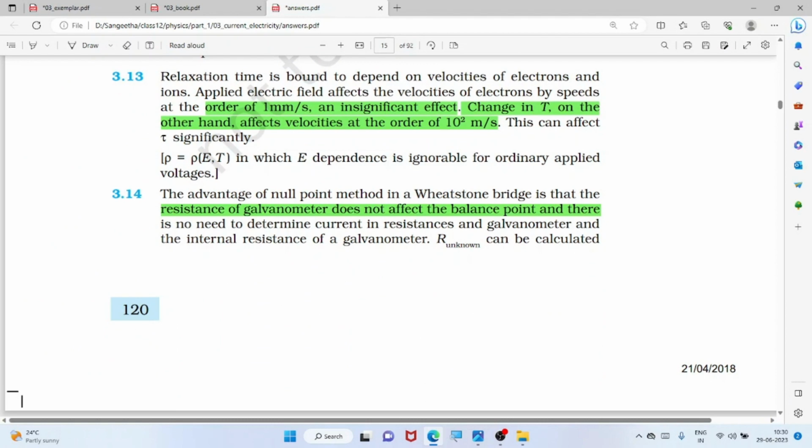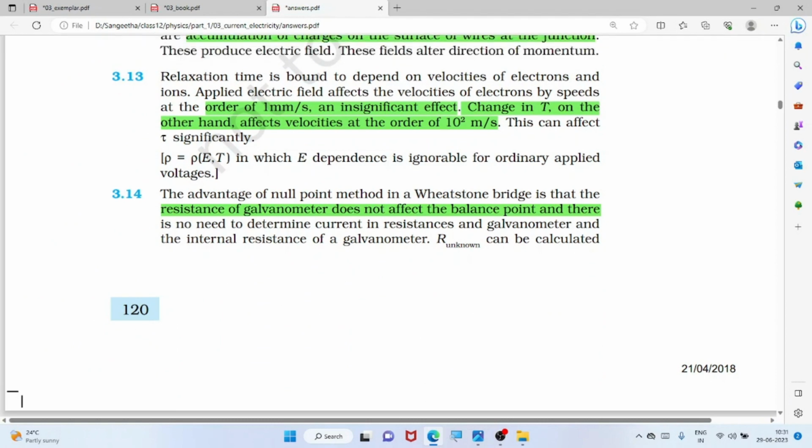Relaxation time is bound to depend on the velocities of electrons and ions. The applied electric field affects the velocities of the electrons by speeds of the order of 1 mm per second, so its effect on the velocity is insignificant.